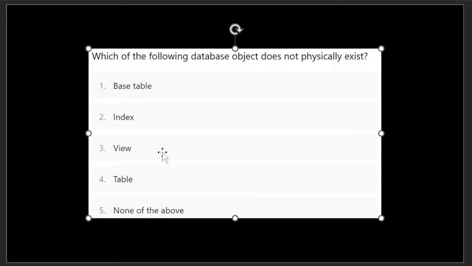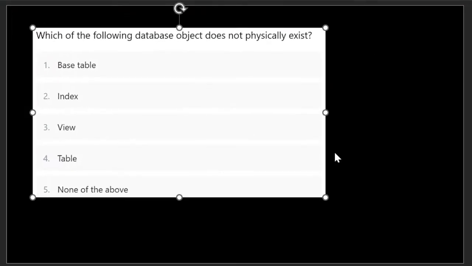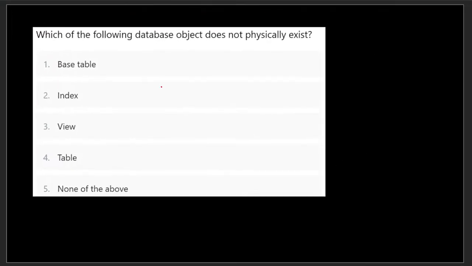So I'm bringing a next question. Let's solve that. Yeah, this is our next question. So what do you think is the correct answer for this? Which of the following database objects does not physically exist?